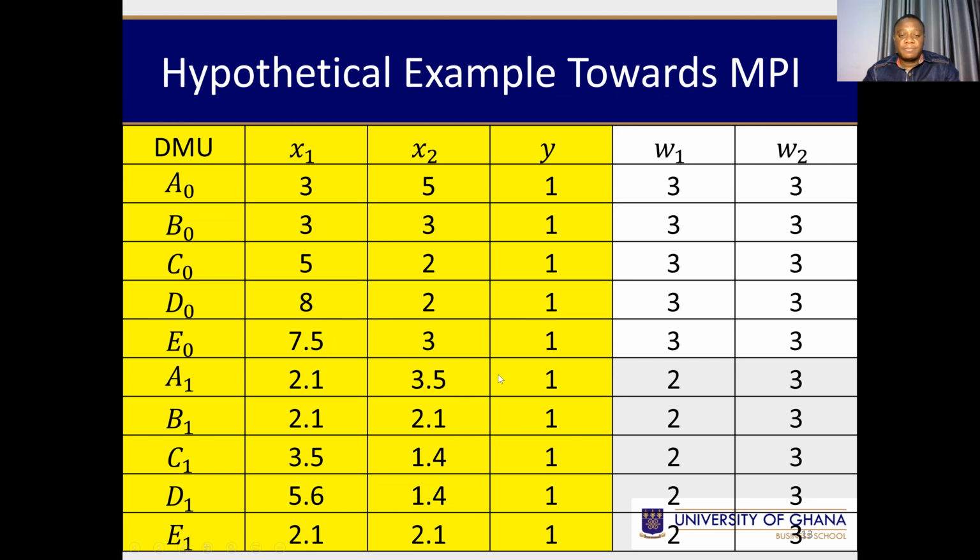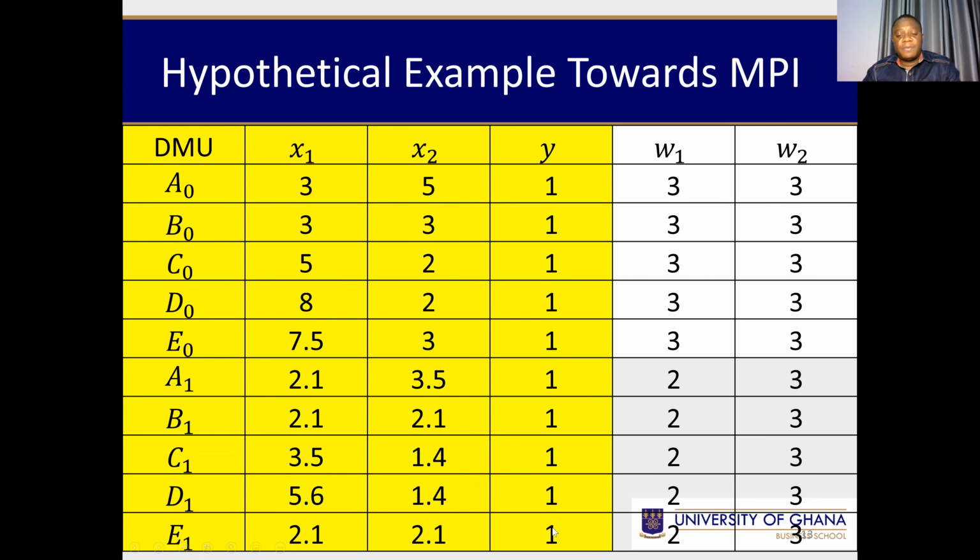Then we will have the outputs, which are normalized: 1 lambda A1, 1 lambda B1, 1 lambda C1, 1 lambda D1, 1 lambda E1, which is greater than or equal to 1.